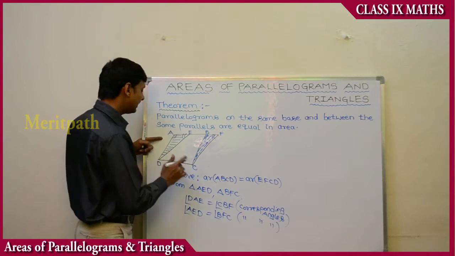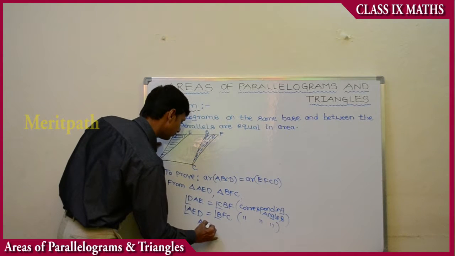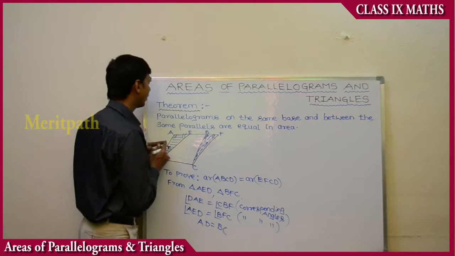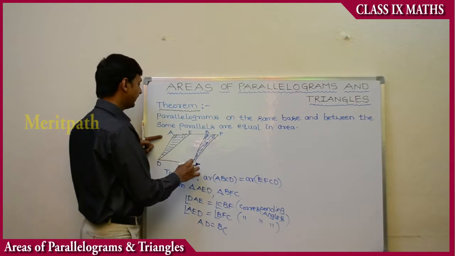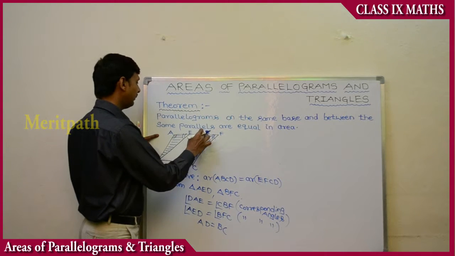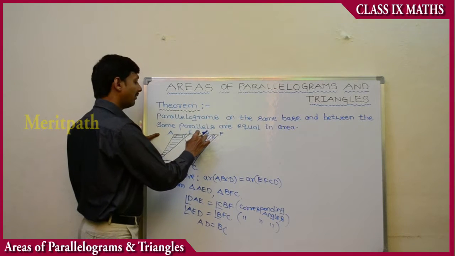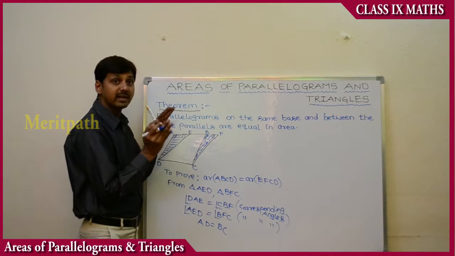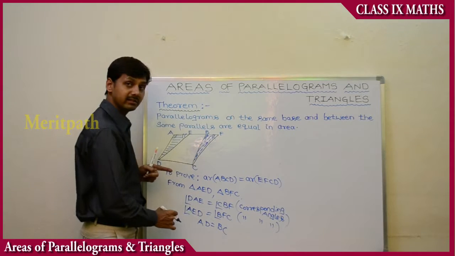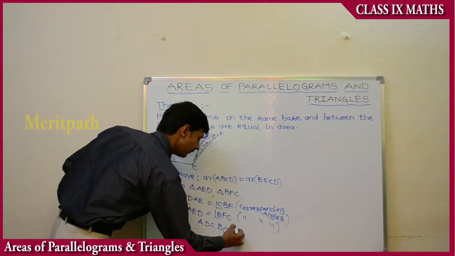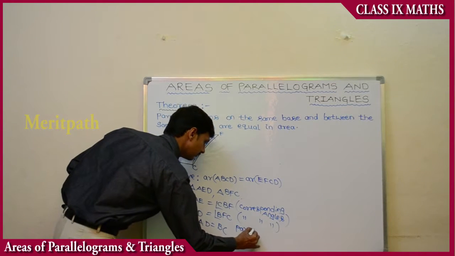So AD is equal to BC because we know that ABCD is a parallelogram. That's the reason we have taken AD equal to BC.